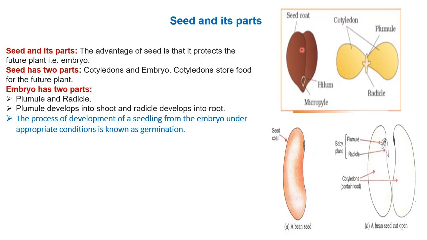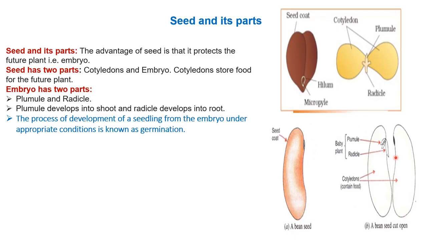Seeds and their parts: we know that a seed protects the future plant. Inside the seed, here is my future plant. Here also in this seed, you can see it very carefully, it is a future plant which is protected inside the seed, and these two are known as seed leaves, and in scientific language we call them cotyledons. Now the cotyledon provides food to the seedling because there are no green leaves developed yet.